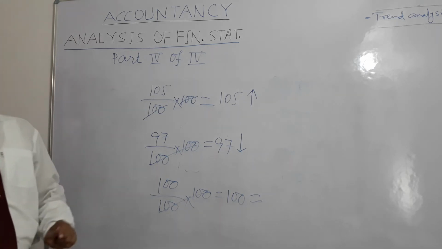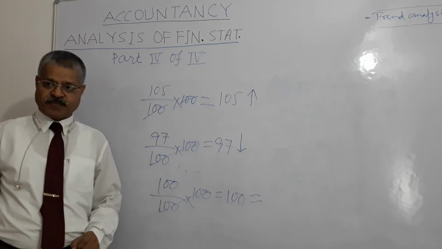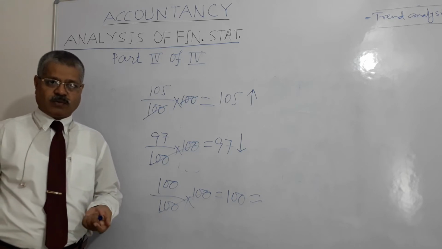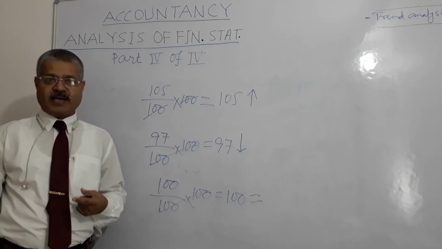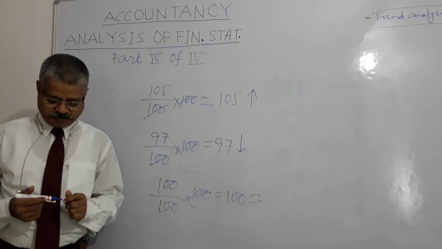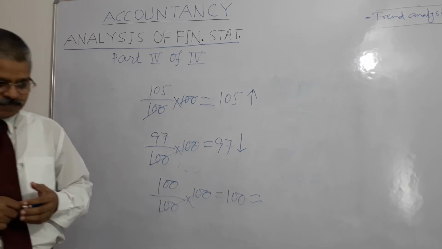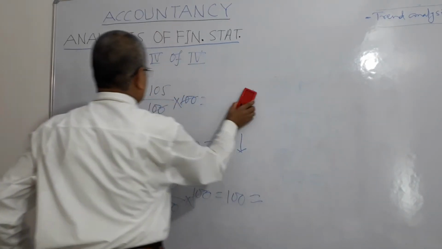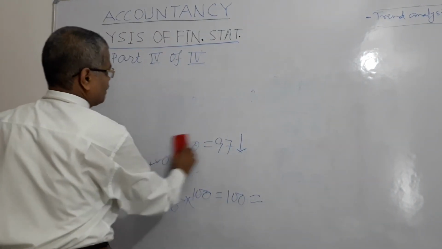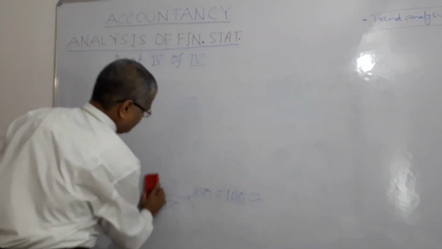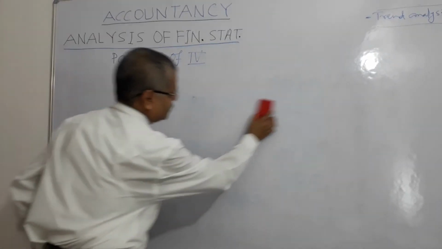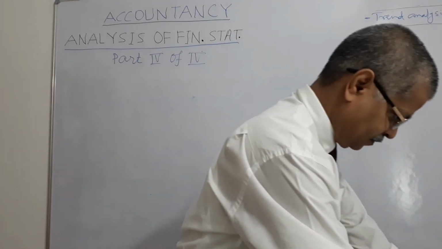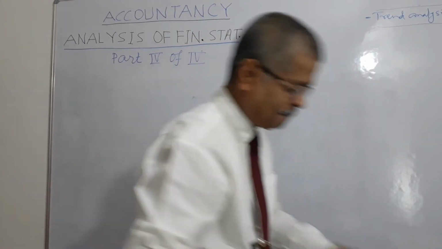So the formula for trend percentage is present year value upon base year value into 100, right? It's as simple as that. Here also we will solve two sums in order to make things clear.